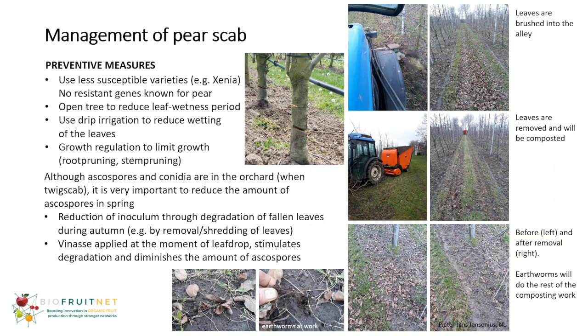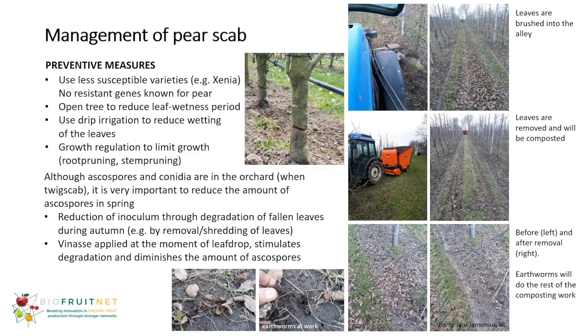For the management of pear scab, the basis is preventive measures. Use less susceptible varieties like Xenia; in contrast to apple, no resistance genes are known for pear. Use an open tree to reduce the leaf wetness period and reduce the germination of the spores.